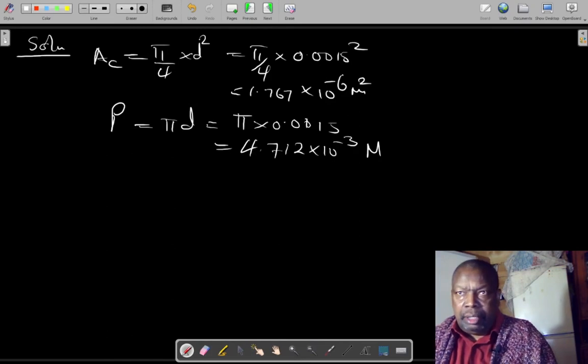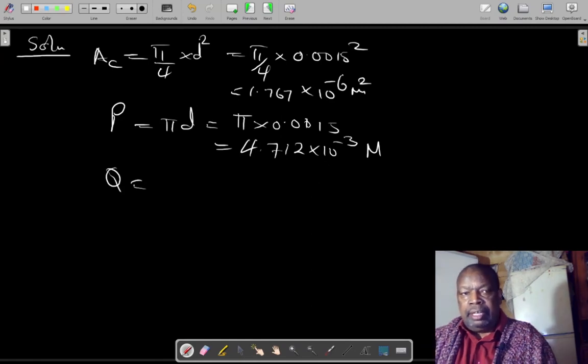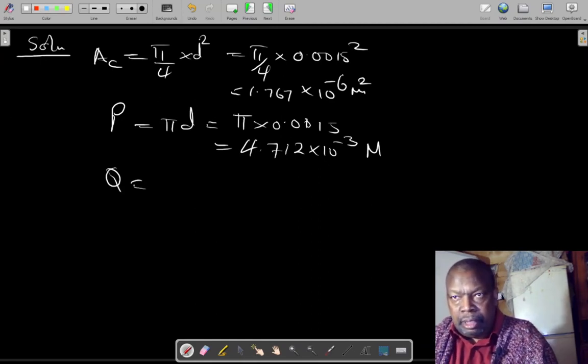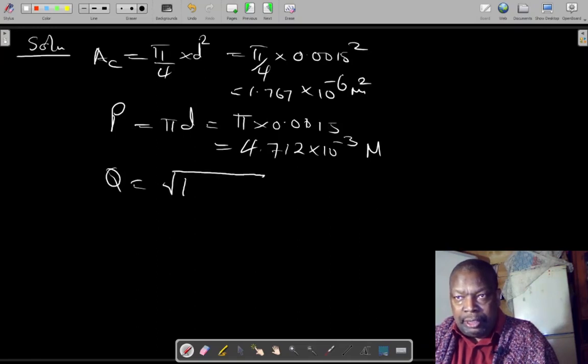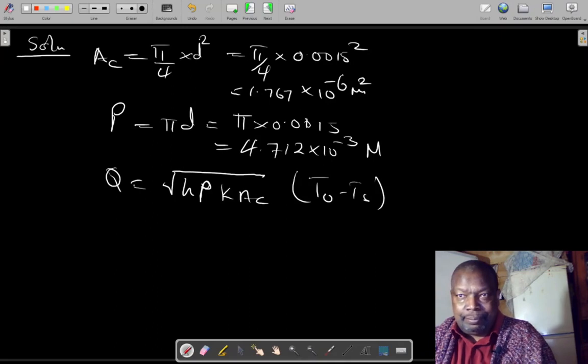So now we can go ahead and calculate the rate of heat flow, which is equal to the square root of h P K A c times (T naught minus Ts).